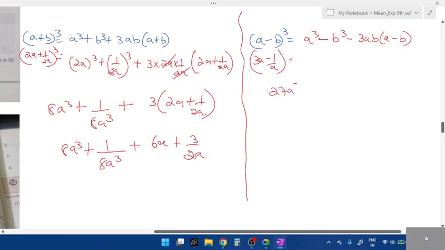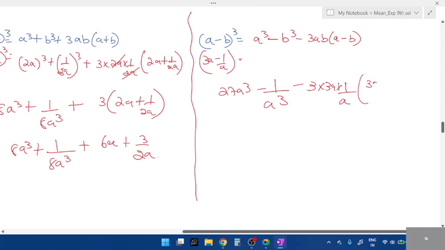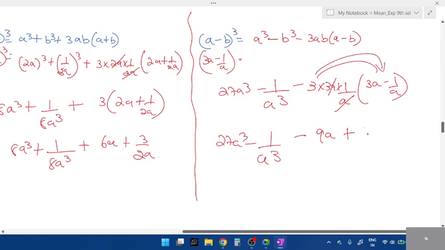Okay. 27 a cube minus 1 by a cube. 3a minus. Okay, that is fine. Which one gets cancelled? 27 a cube minus 1 by a cube minus 3 into 3 is how much? 9 plus, not 1 by a. 3 should get multiplied to both.